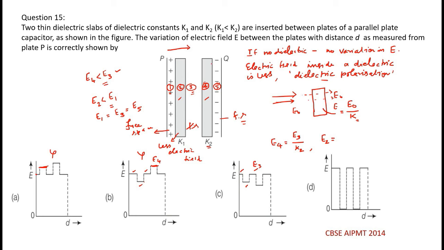But K2 is, you see the question, K2 is greater than K1, or K1 less than K2. So E2 is E1 or E3 by here dielectric constant K1. You can even write this as E3 by K1 because E1 is equal to E3. Now compare this and this.